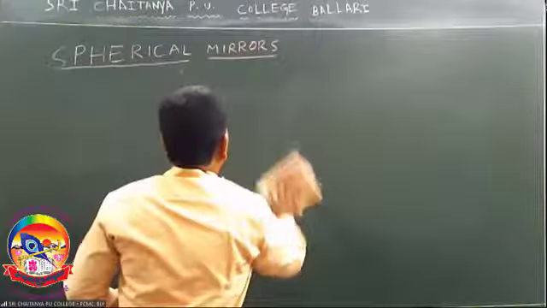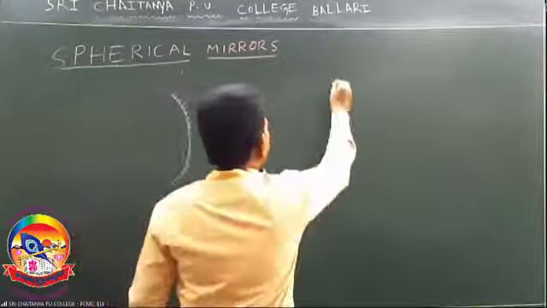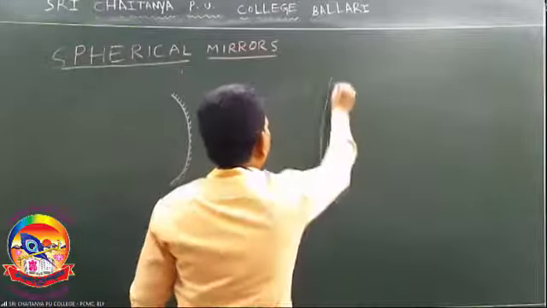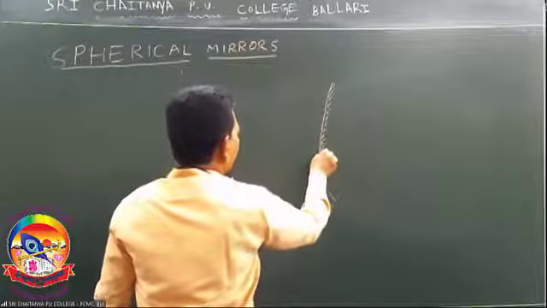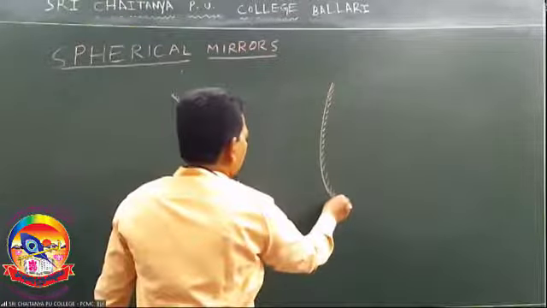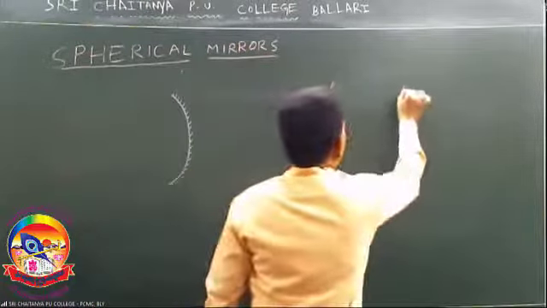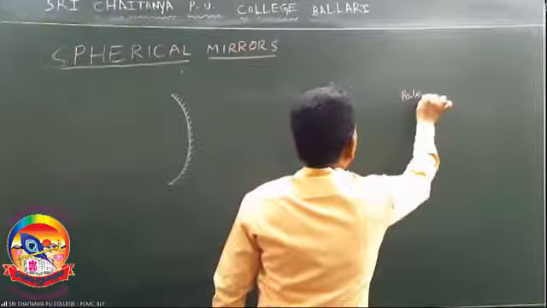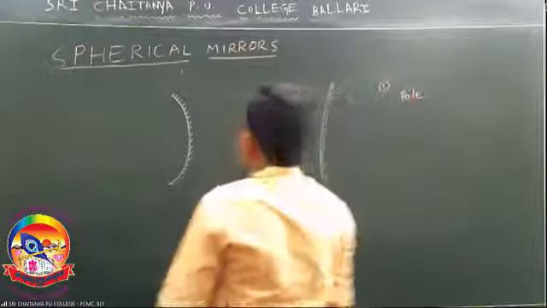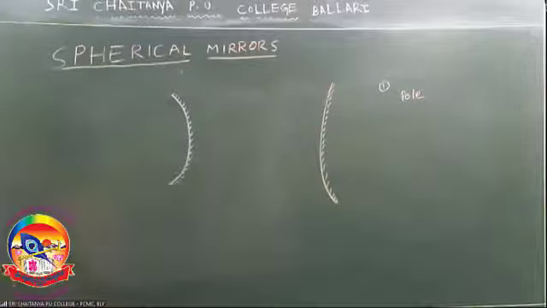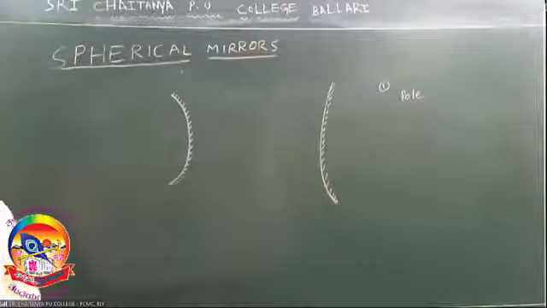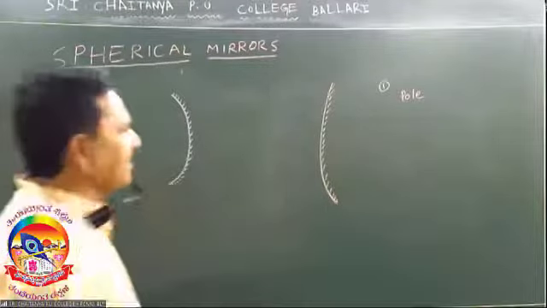One important definition here is the first one, the pole of the mirror. How do we define the pole of the mirror? The geometrical center of the spherical mirror is called the pole of the mirror.